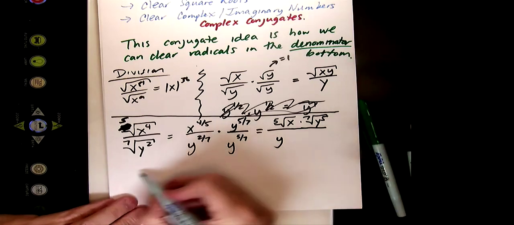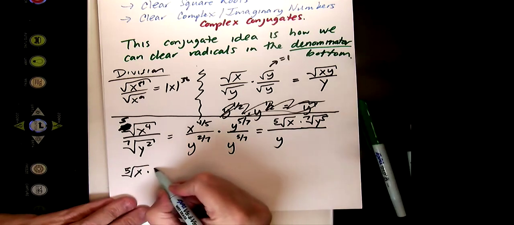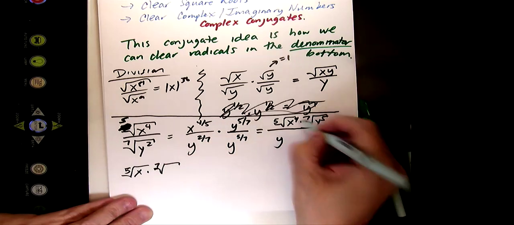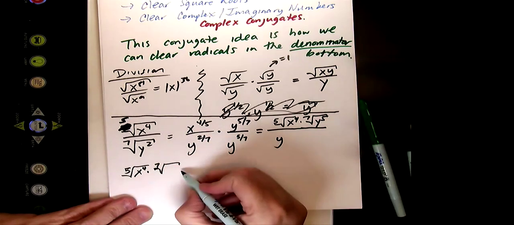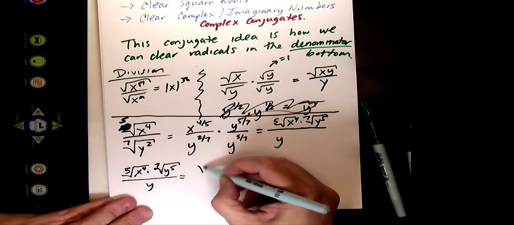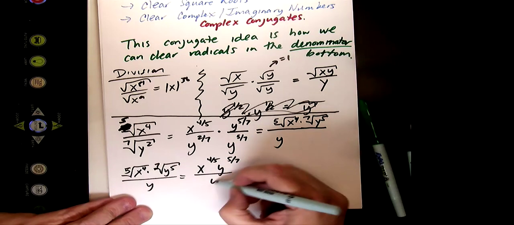So this is, you have 5th root x to the 4th times 7th root y to the 5th, over y. And if we treat that as x to the 4/5, y to the 5/7 over y.